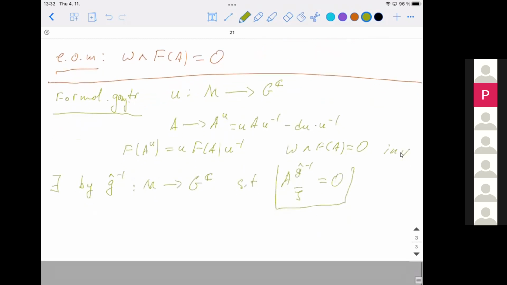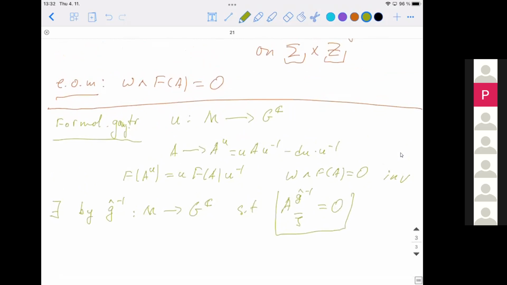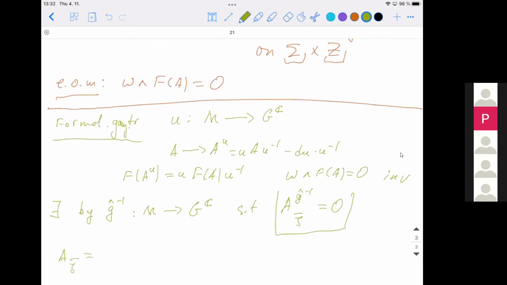So that means it's equivalent to writing this, because if you put this transformation here, you will just see this.